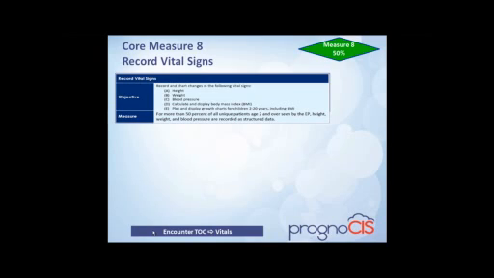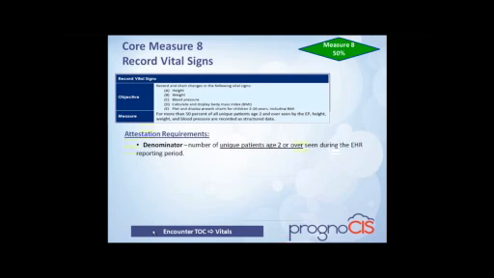The requirements of the measure are that more than 50% of all unique patients age 2 and over who are seen during the reporting period have these specific vital signs recorded in their structured data. The requirements for the attestation: the denominator is looking at the number of unique patients age 2 or over who are seen during the reporting period.